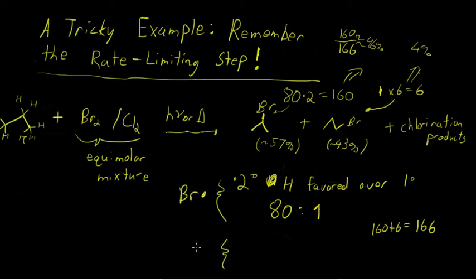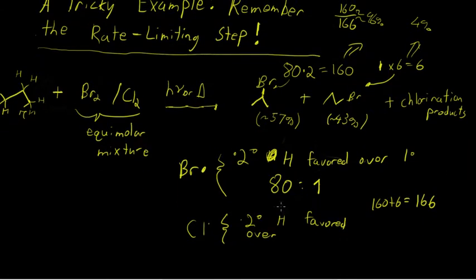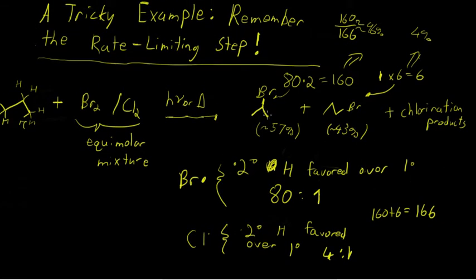For chlorination, secondary hydrogen is favored over primary only 4 to 1, approximately 4 to 1. So here, if you multiply 4 times 2, you get 8. So this is secondary product. 4 times 2 is 8.